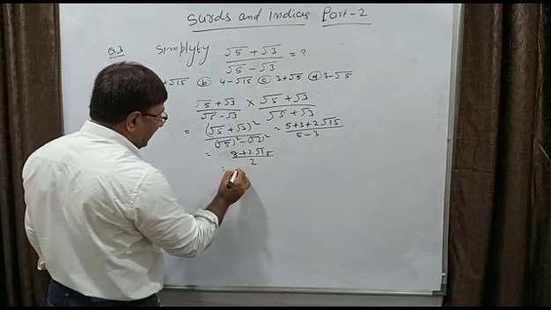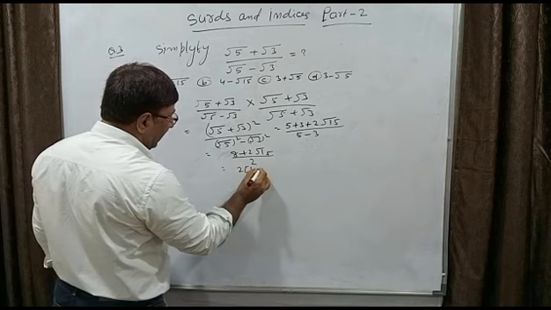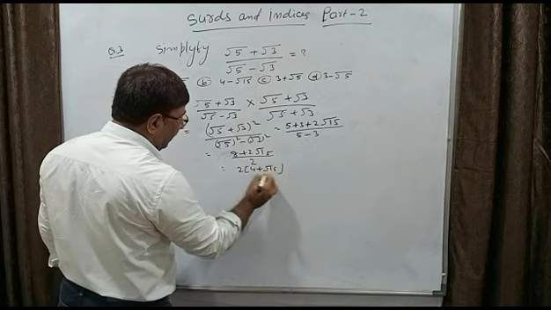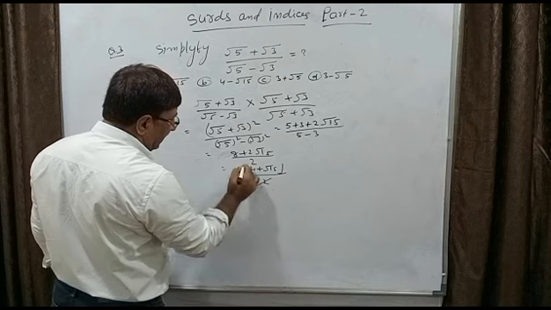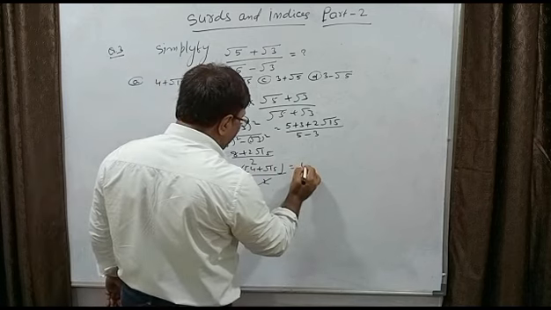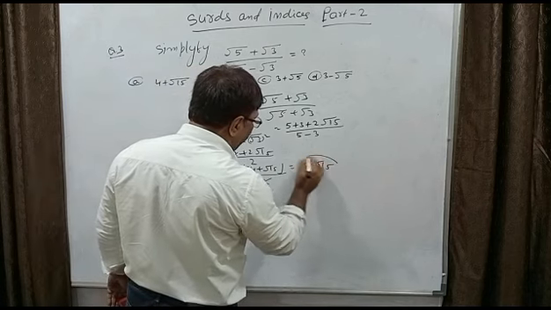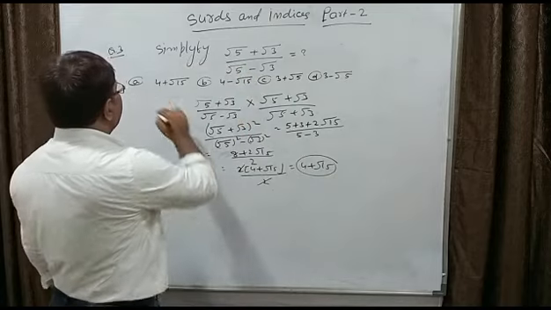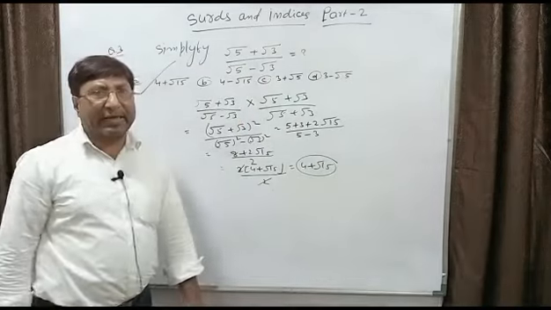Taking 2 common, we get 4 plus root 15 by 1, the 2 cancels. So 4 plus root 15 is our right answer. So A is our correct answer.